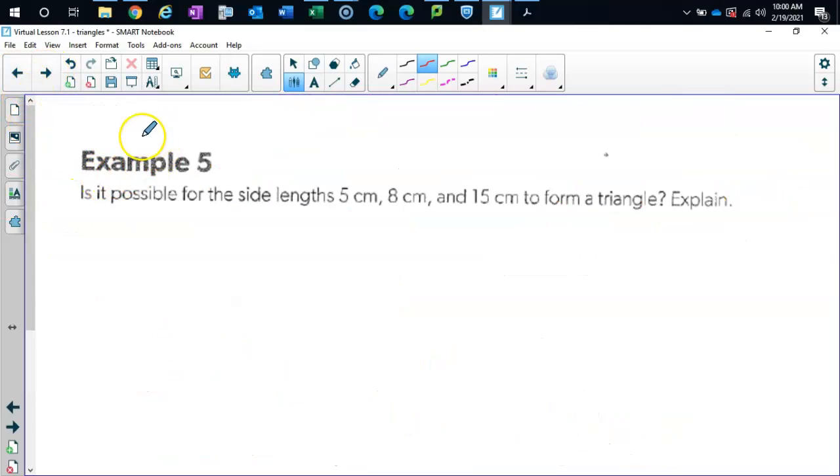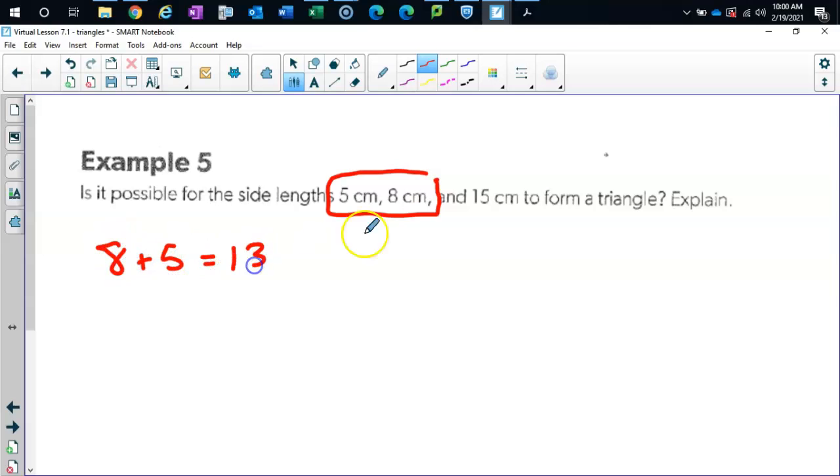All right. Example 5. Is it possible for the side lengths 5, 8, and 15 to form a triangle? All right. Now, they're giving us the third length, but we're still only going to concentrate on the first two in the beginning. Triangle inequality says take your two sides, add them, so 8 plus 5 is 13, and subtract them. 8 minus 5 is 3.